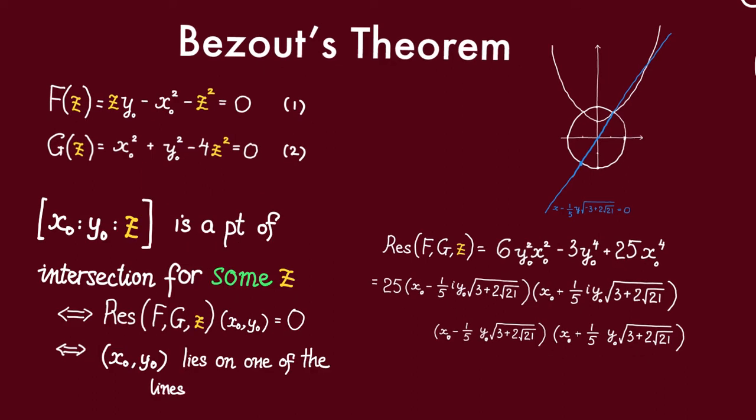Recall that there exists some z such that x0, y0, z is the point of intersection of these curves if and only if the resultant of f and g with respect to z viewed as a polynomial in xy, evaluated at x0, y0, must be equal to 0. And that happens if and only if one of these factors is equal to 0, i.e. if and only if x0, y0 lie on one of these lines.